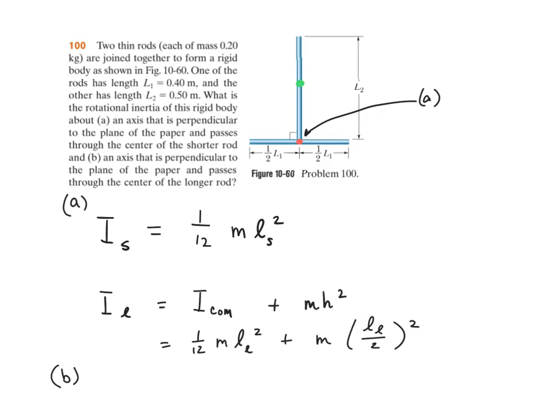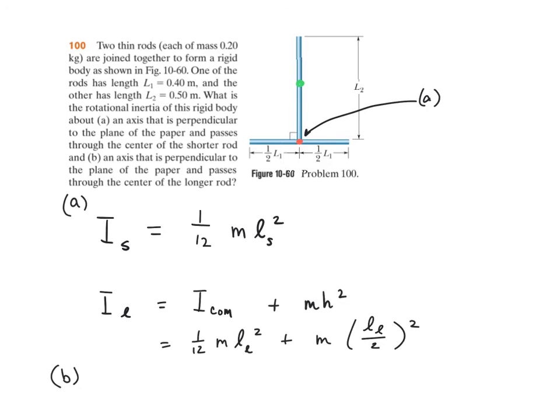Instead of using the number, that distance, which if I recall correctly is 0.25, I'm purposely writing L of the longer rod over 2, because that is the h value.